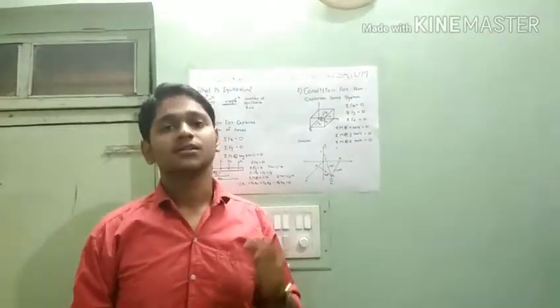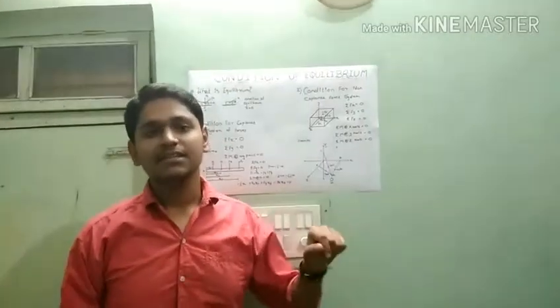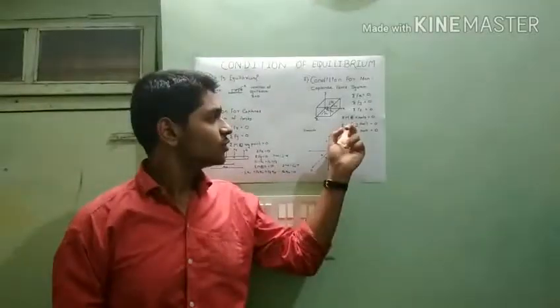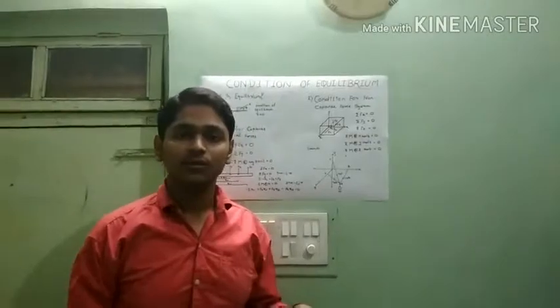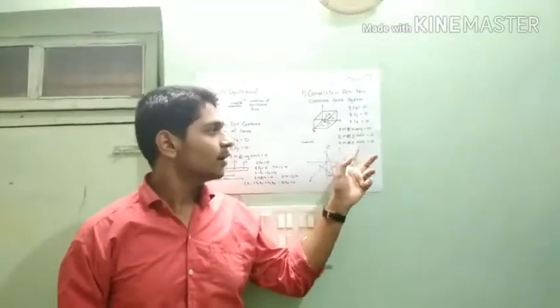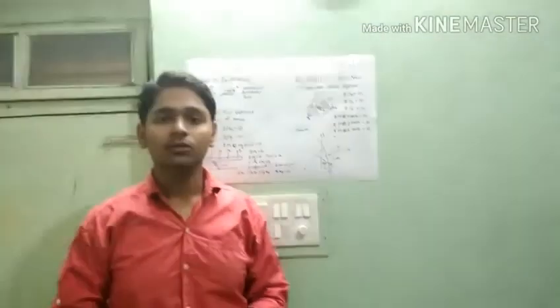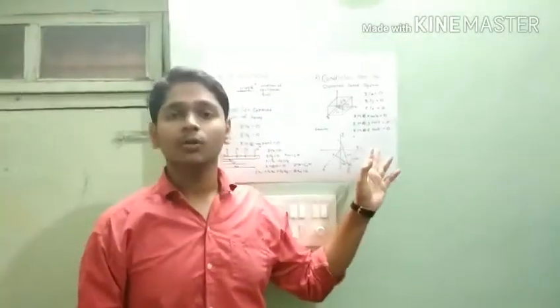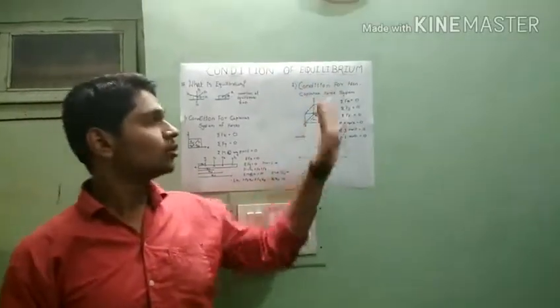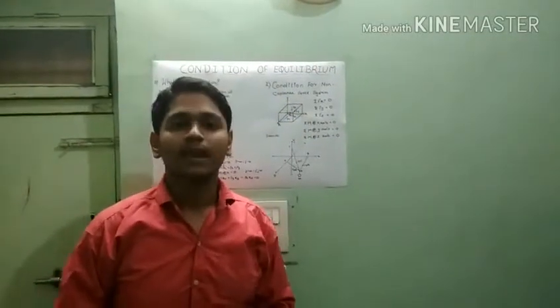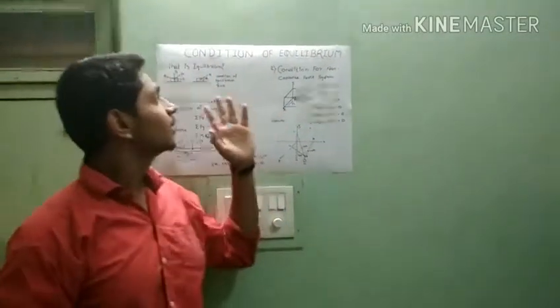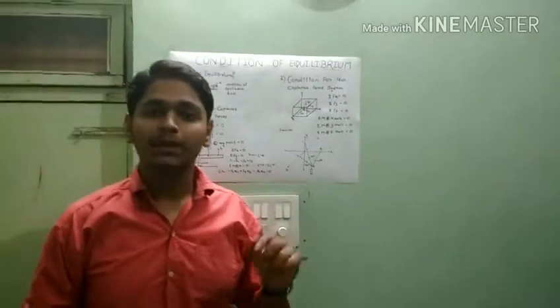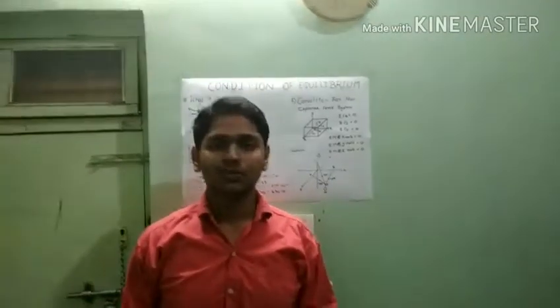Those are: summation of moment about the x-axis is equal to 0, summation of moment about the y-axis is equal to 0, and summation of moment about the z-axis is equal to 0. Using these conditions, you can solve any problem related to a non-coplanar system of forces. And this is all about the conditions of equilibrium for coplanar and non-coplanar systems of forces.